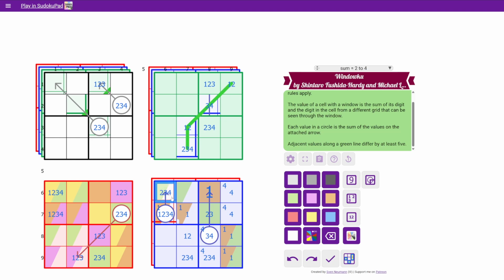If this was 4, it could not be green. Green would go there. That's okay.